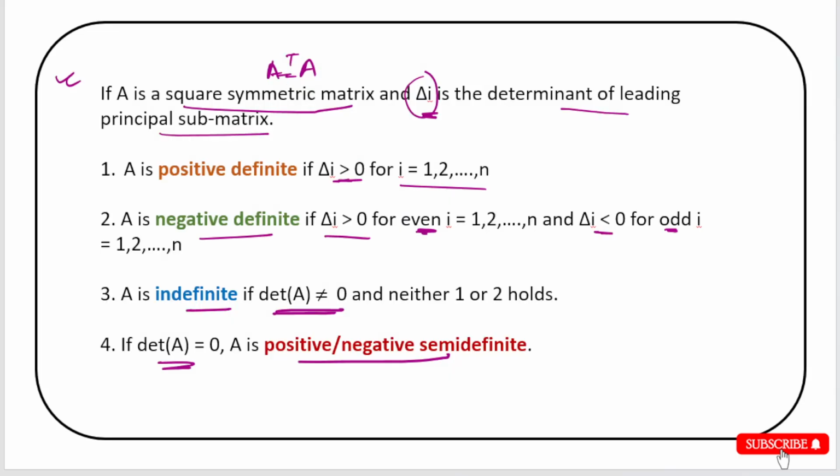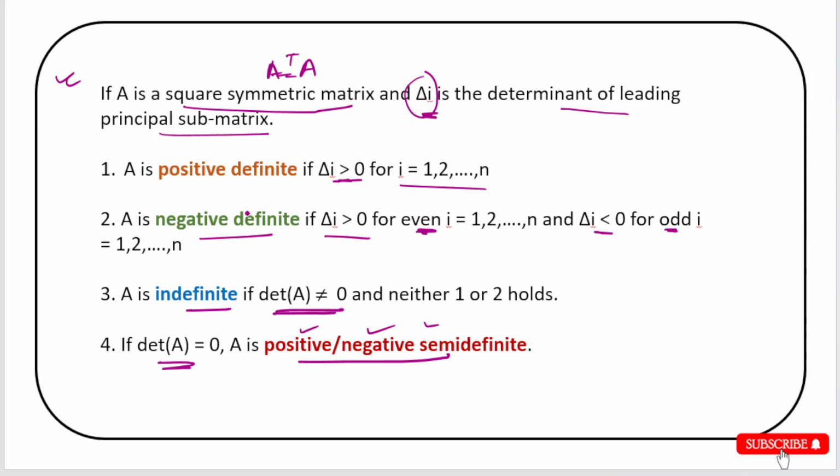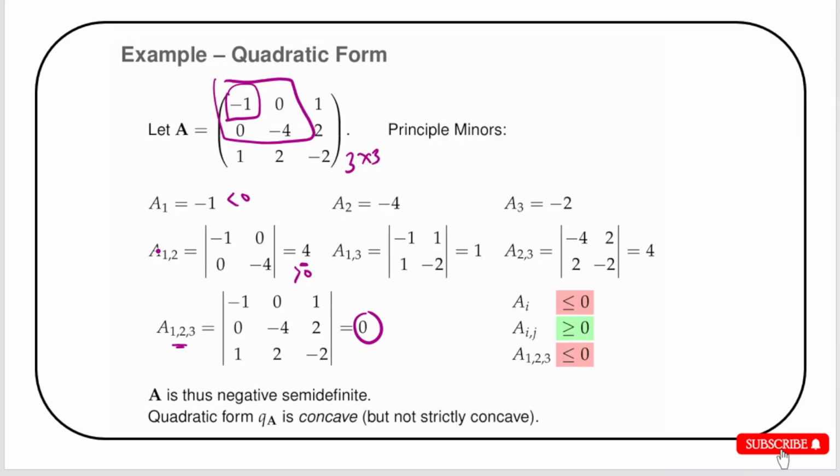Now if you go back to the definition, if some determinant is 0, it is either a positive or negative semi-definite matrix. We have shown you from the definition that for negative definite, the minors will be negative for the odd terms and positive for the even terms, and this is what you see here. For the odd term, which is 1, the first leading principal minor is negative.